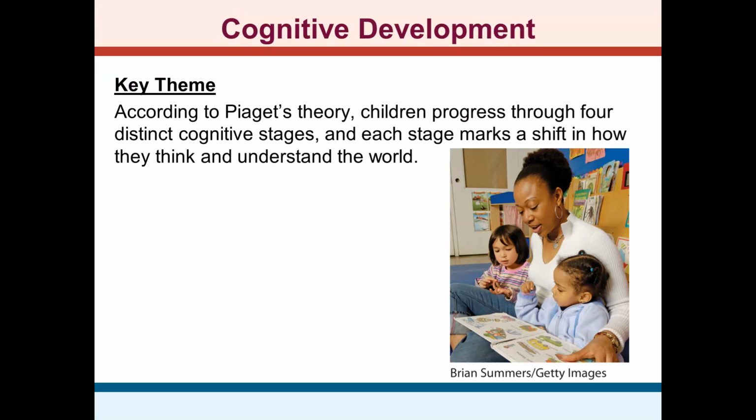Okay, so we've talked about some of the social factors as well as the biological factors. Now we're going to start talking about some of the psychological factors. Keep in mind, whenever I use the term psychological, more often than not I'm referring to cognitive type processes, okay? One developmental psychologist who was a cognitive psychologist was Piaget.